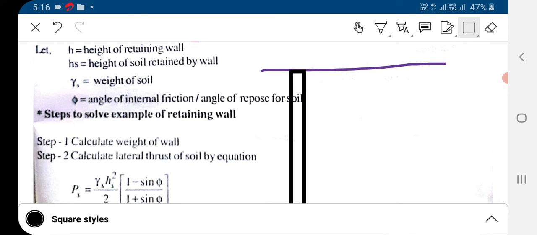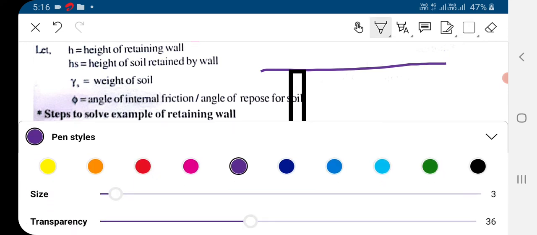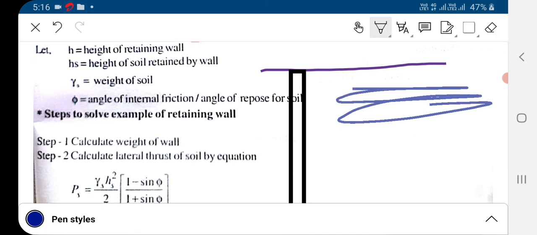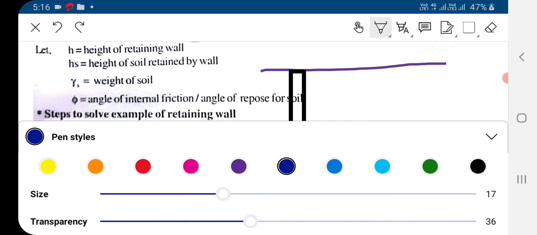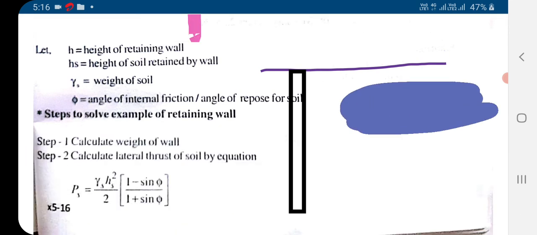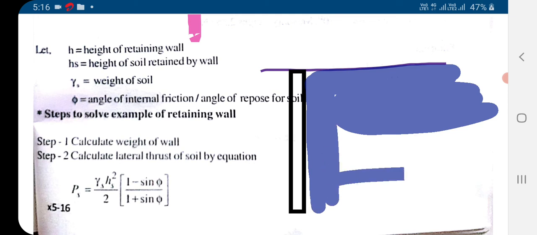After the construction of this diaphragm wall, here there is soil. So this portion is soil.